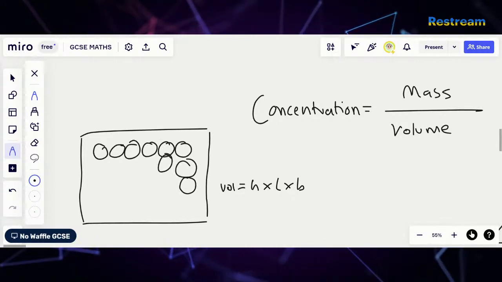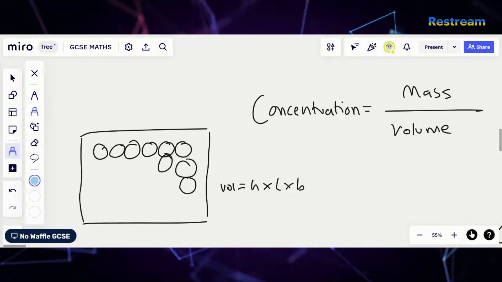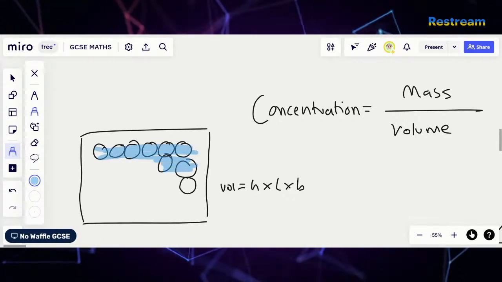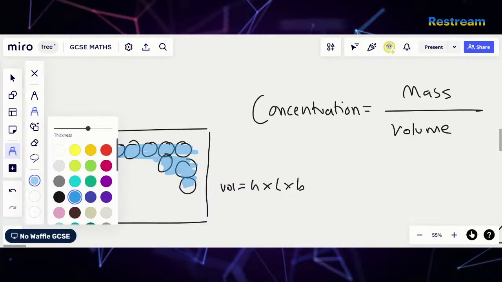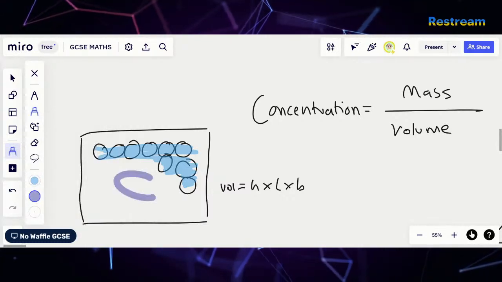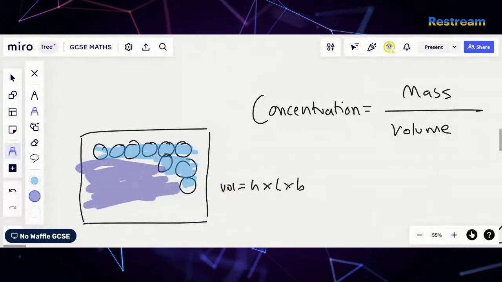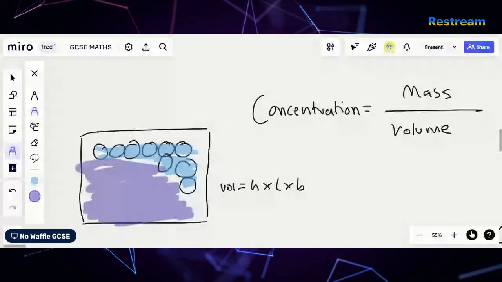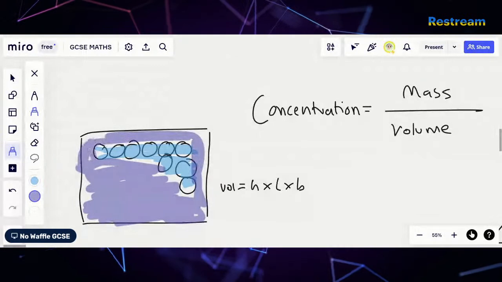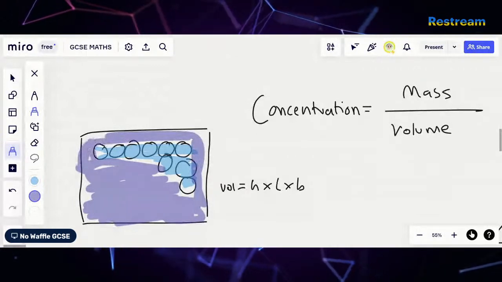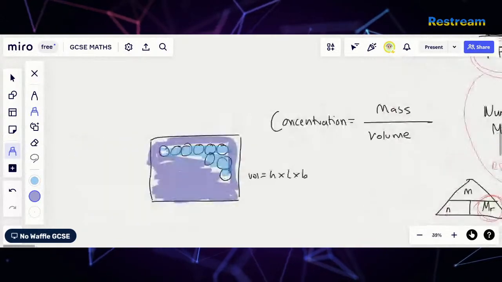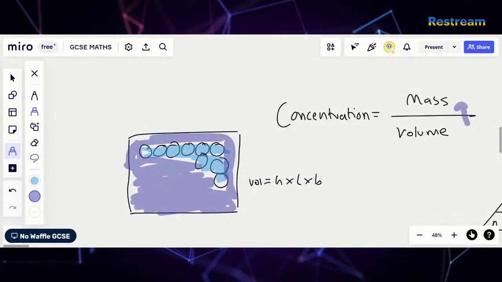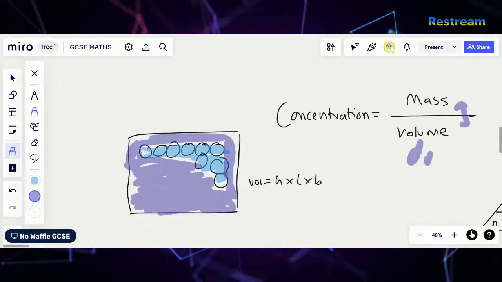So how concentrated this is depends on the number of cakes in comparison to the volume. So how much mass there is, how many cakes there are in the volume of the box. That is what concentration is. Concentration is mass over volume, and the mass has the unit grams, and the volume has the unit decimeters cubed.